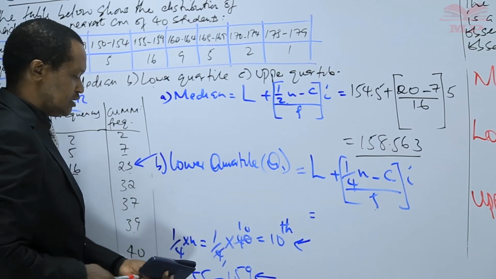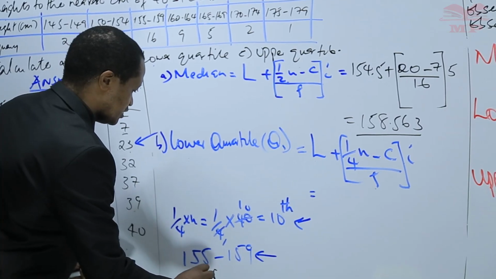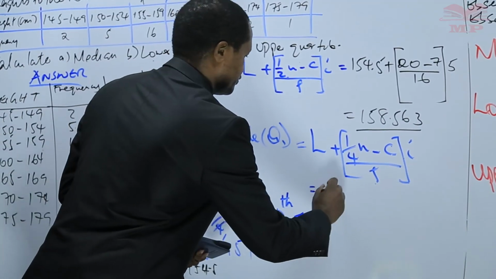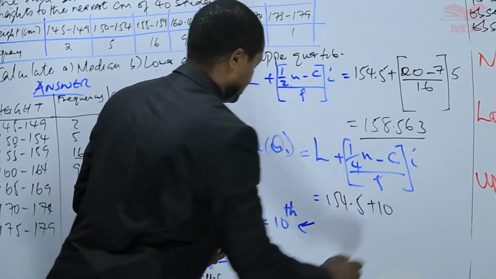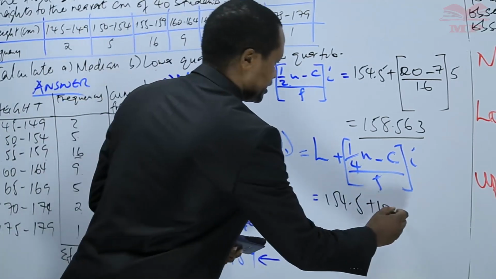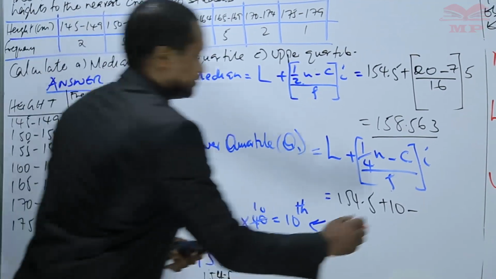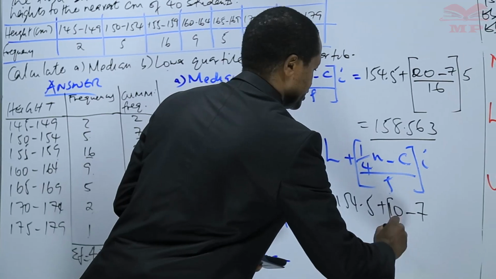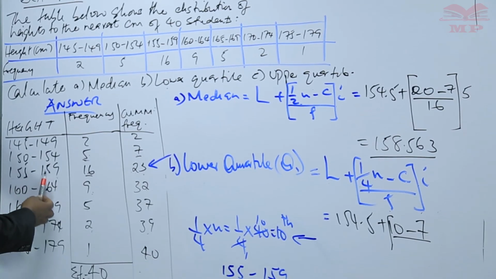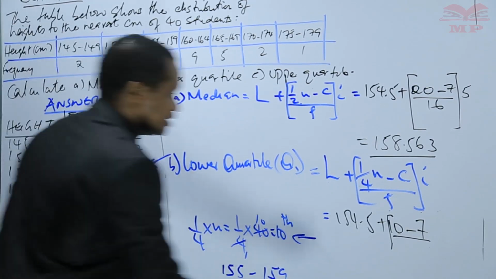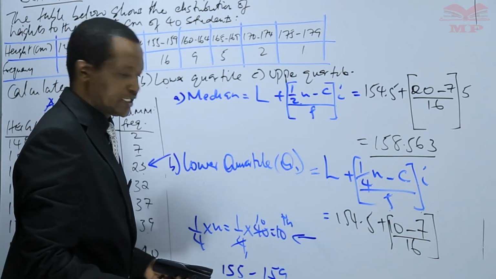The lower class boundary here will be 154.5, just like the other case, plus 10, a quarter of n, minus the cumulative frequency above the first quartile class, which is 7, over the frequency of the first quartile class, which is 16, then multiplied by the class interval.